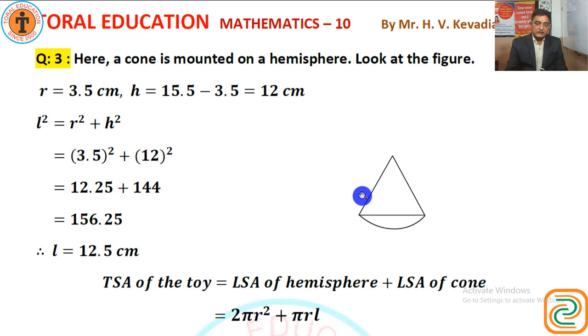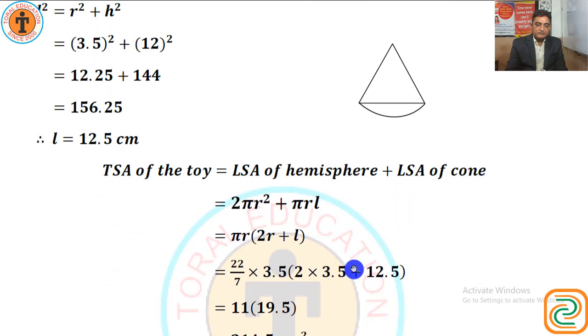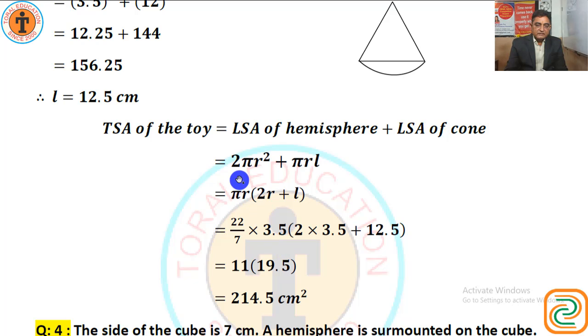Now TSA of the toy. TSA means LSA of this hemisphere and LSA of cone, lateral surface area of cone. Here it is 2 pi r square plus pi r L. Both have pi r common, then 2r plus L. Put the value, pi equals 22 by 7, into 3.5 into 2 into 3.5 plus 12.5.